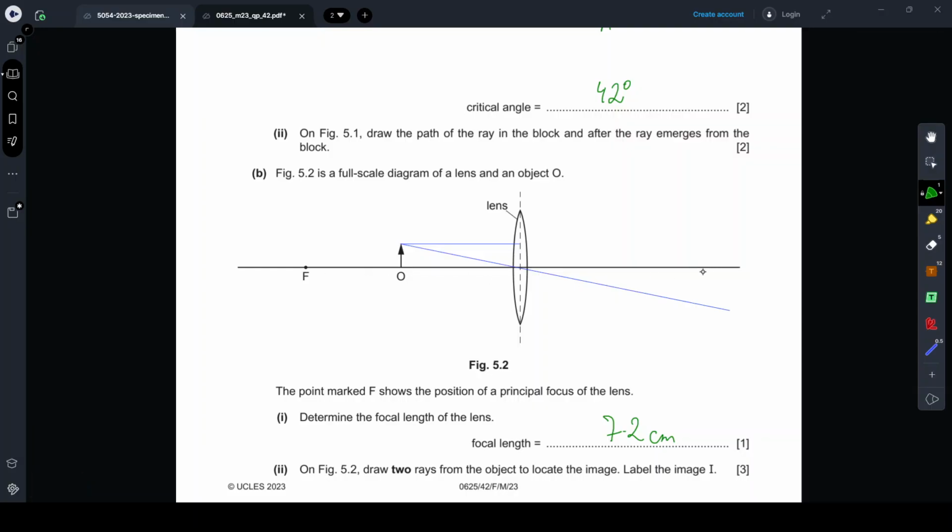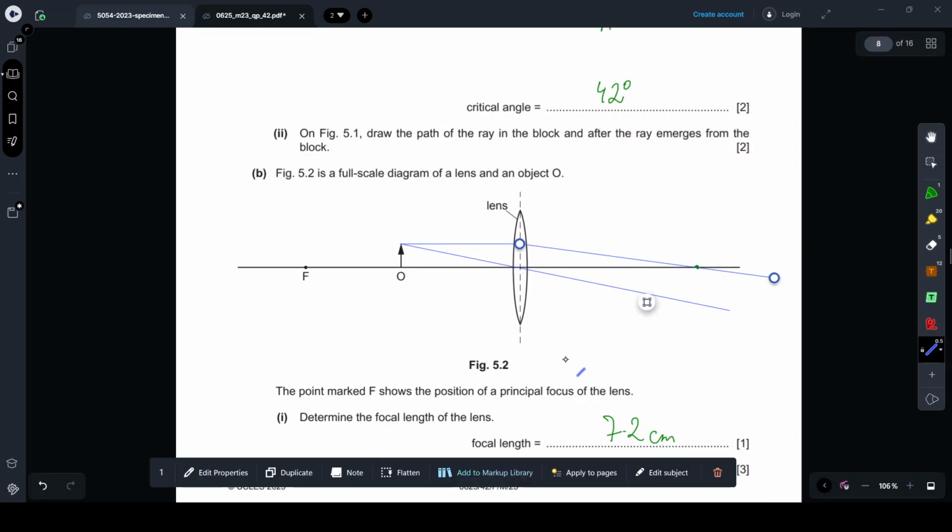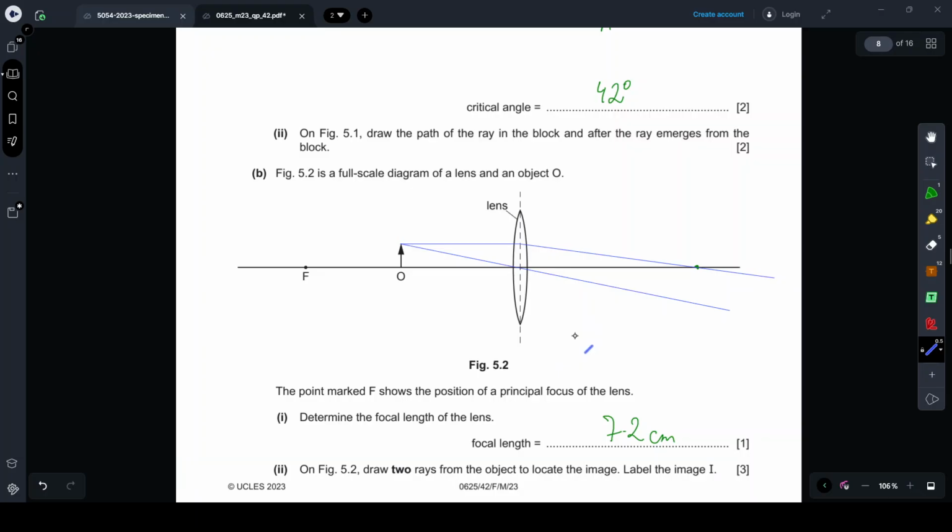Right, so I'm guessing somewhere over here maybe. Let's see if that's diverging. It should be diverging. And so you draw that, and yes, you can see that your rays are not converging. Are you following?